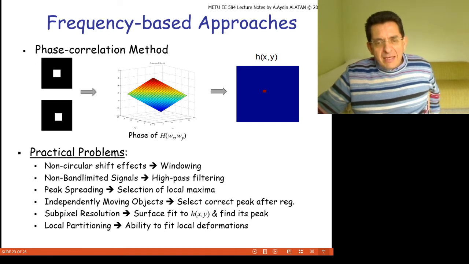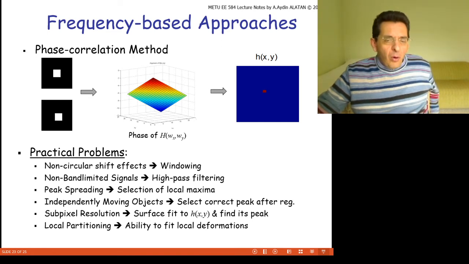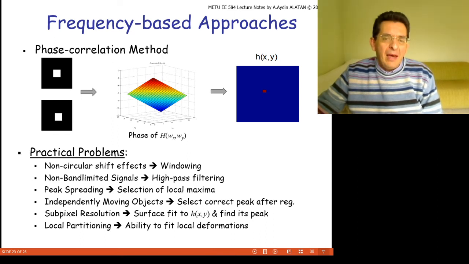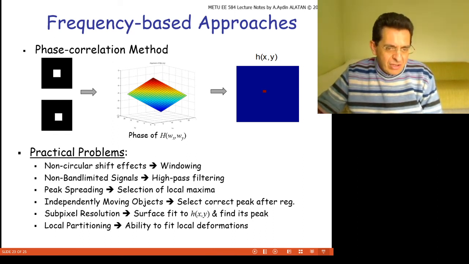For independent moving objects, you can divide your images into multiple parts, or there could be multiple peaks due to multiple objects, and you can select the peak after this registration, okay.